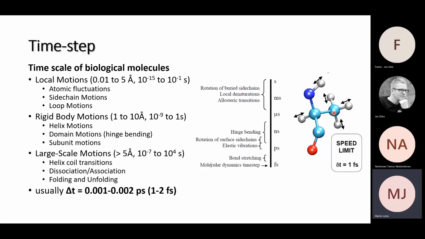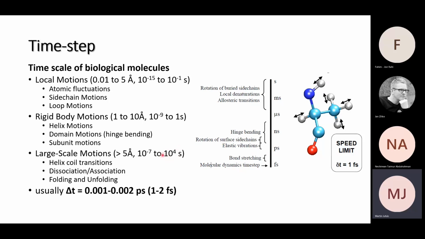And in this table, you can see what are the usual timescales of some biological systems and biological motions. So you can see that, for example, the folding and unfolding of proteins happens in a matter of 10⁻⁷ up to several thousands of seconds.